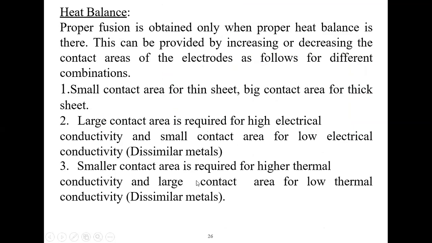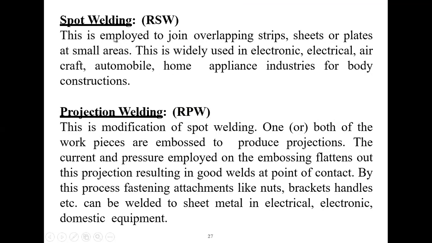This is not in your syllabus, so I'm not discussing the heat balance portion. Spot welding, I have already told you, is employed to join overlapping strips, sheets, or plates at small areas, and it is widely used in electronic, electrical, aircraft, and automobile industries.